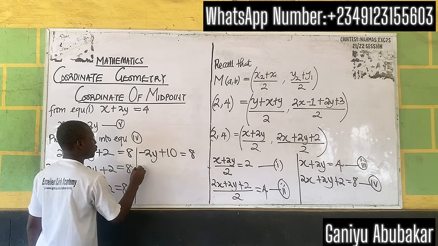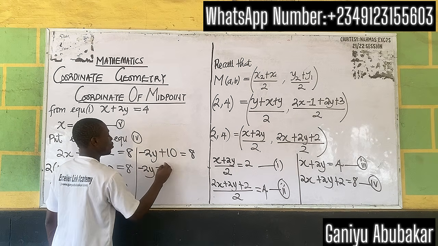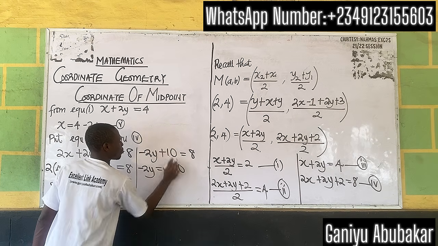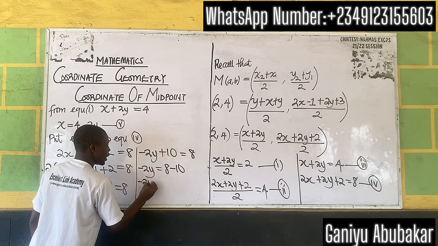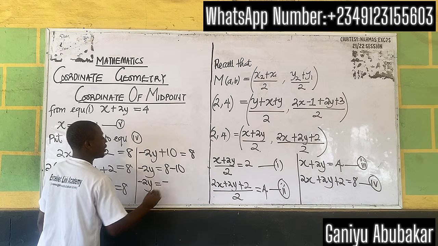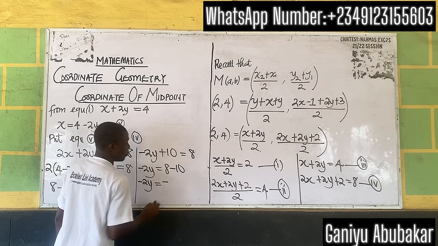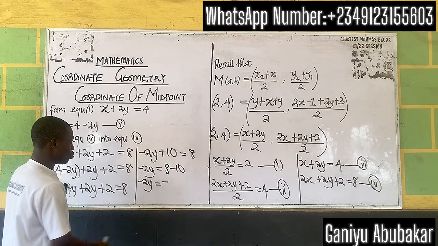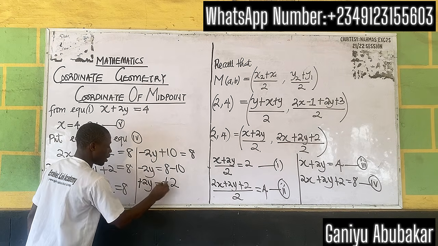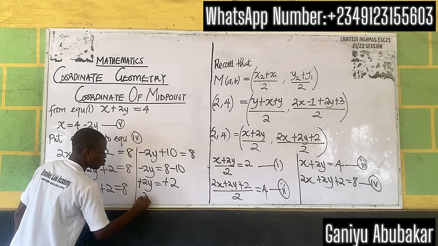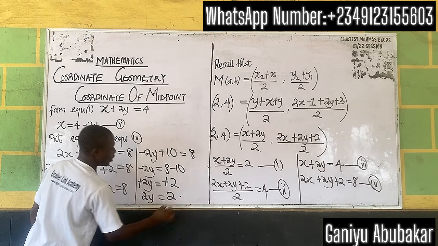Take this one here, that gives you negative 2y equals 8 minus 10. This gives you negative 2y equals negative 2. All right. So negative cancels out negative. I have just 2y equals 2 left.